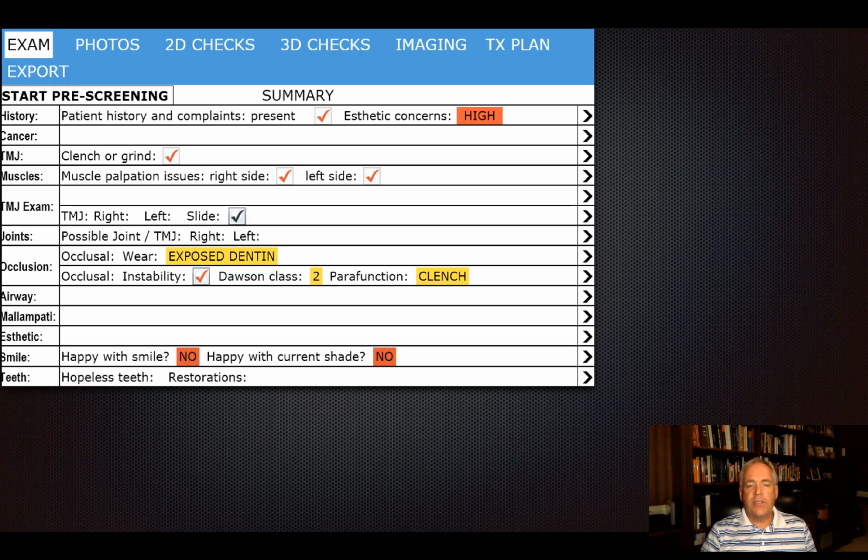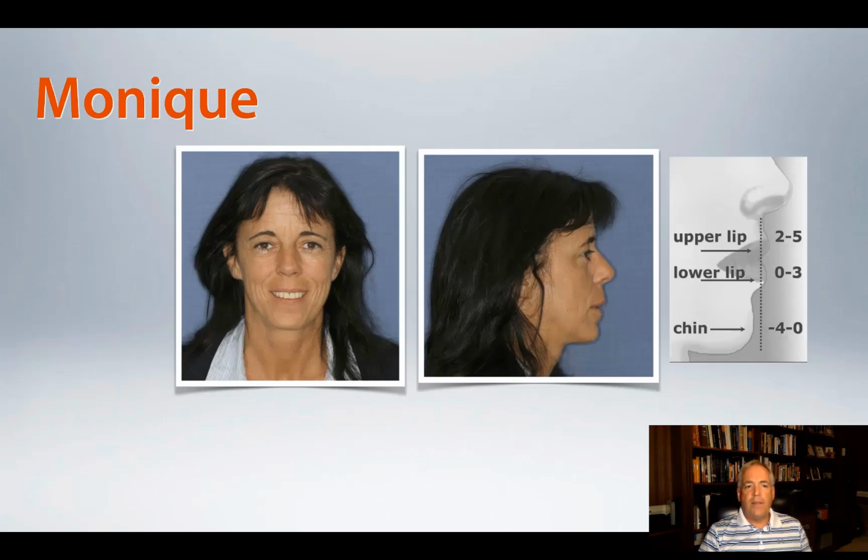She has sore muscles on both sides to palpation. She has exposed dentin and the wear patterns. So she has parafunction. She's not happy with her smile. Her joint is healthy, but she has a slight slide, and we'll talk about what that means later. But bottom line, her sign of instability is related to the teeth and the musculature, and that is something that we can absolutely help her with.